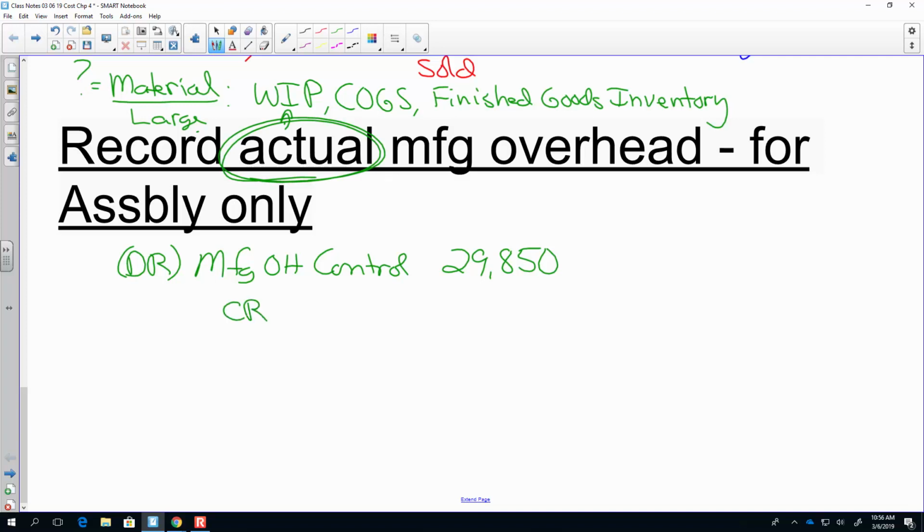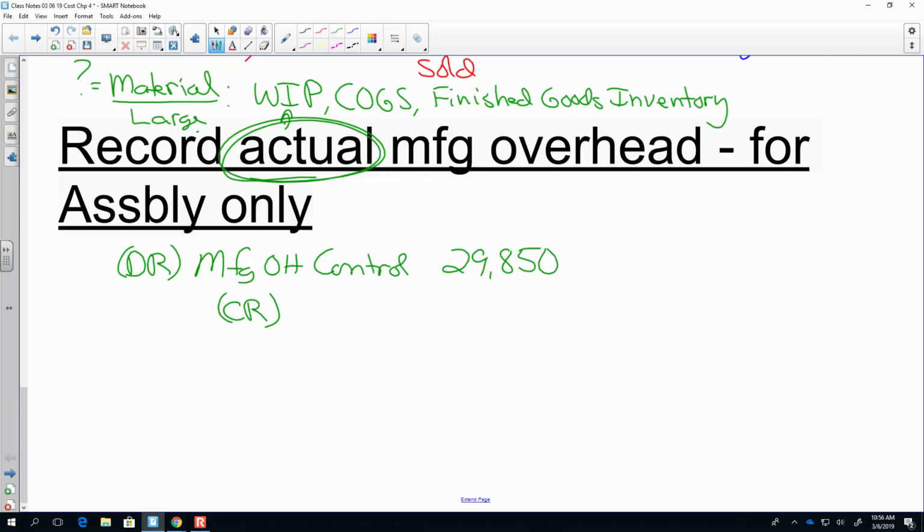What goes into overhead, guys? This is a good review of chapter 2. What's the big one? What goes into overhead? It's got to be production related. So what's in production that we would put here?